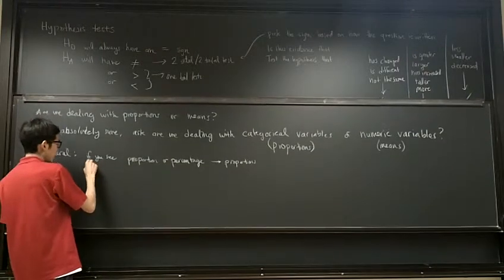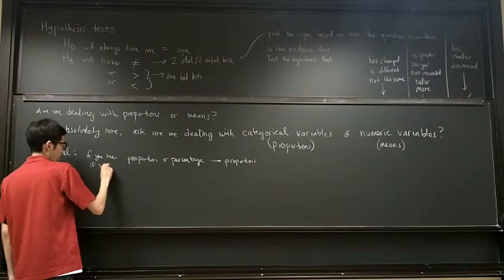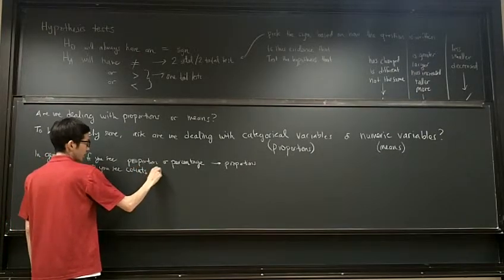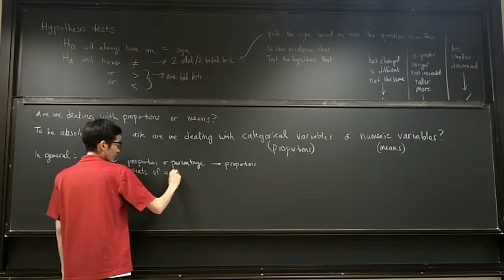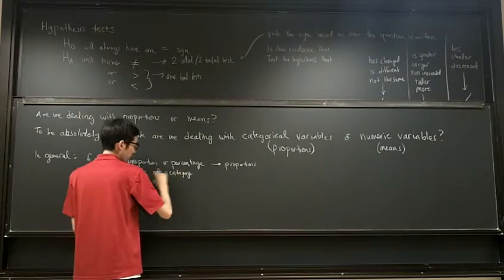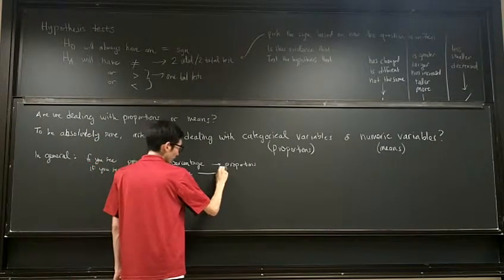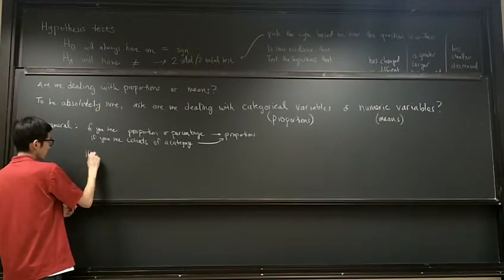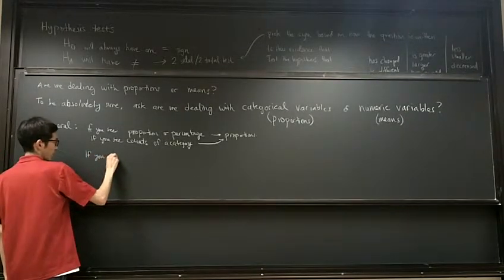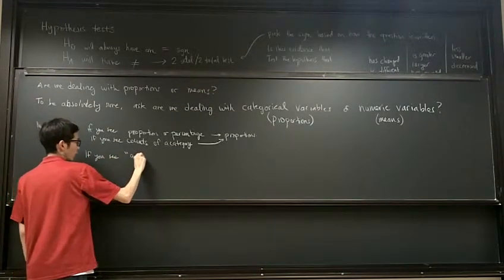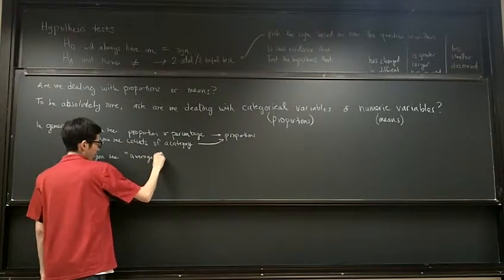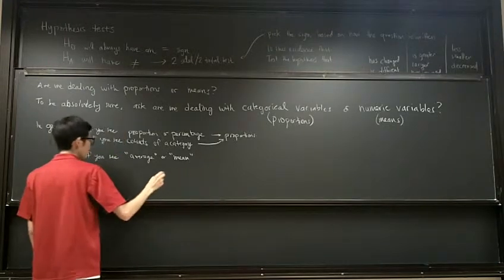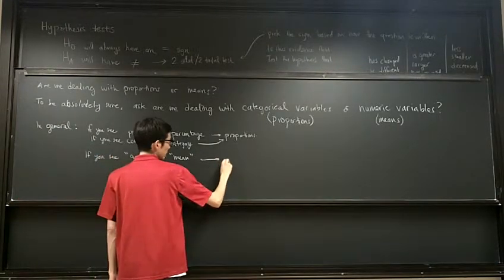Okay, so if you see counts of a category, well, if it's a category, it's going to be proportions. Okay. On the other hand, if you see average or mean, okay, then you're dealing with means.